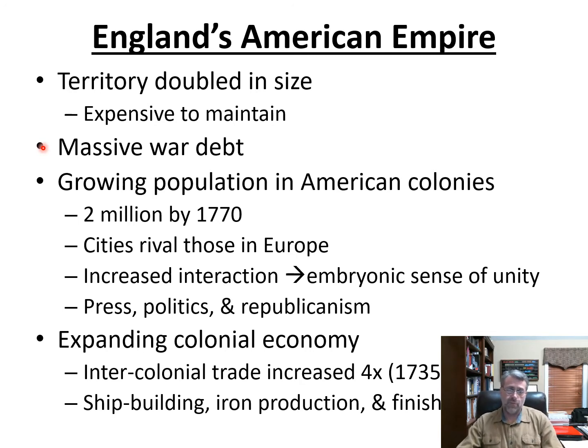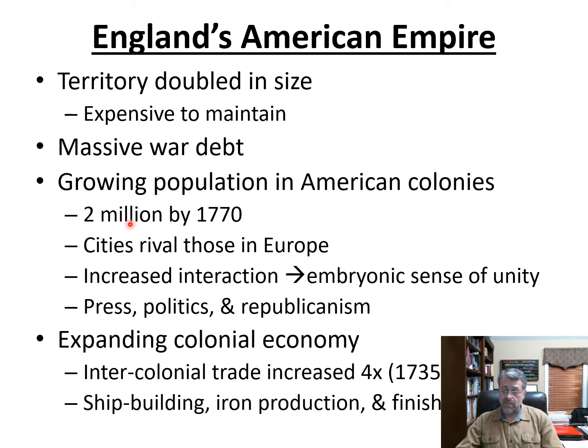Next on their list of problems is the fact that within the 13 colonies in North America, the population is growing very rapidly. By the time we get to 1770, and this is just a few years after the French and Indian War, there's more than 2 million people living in British North America.